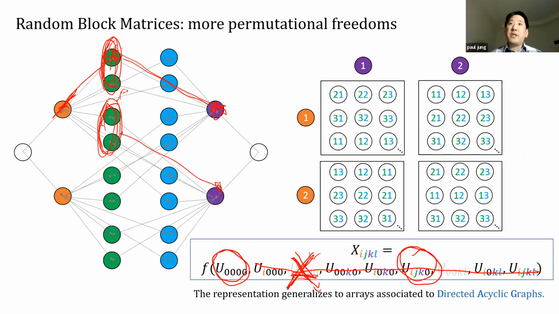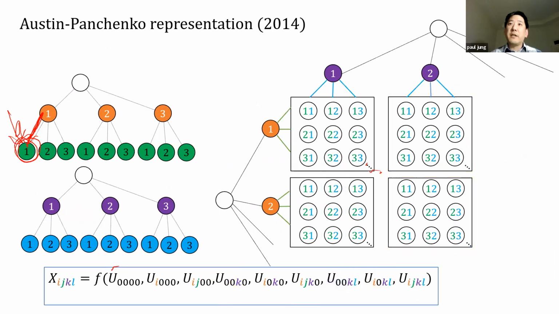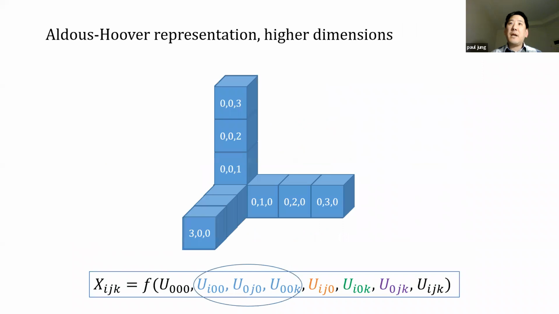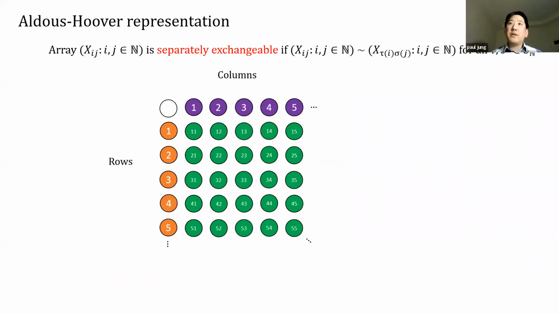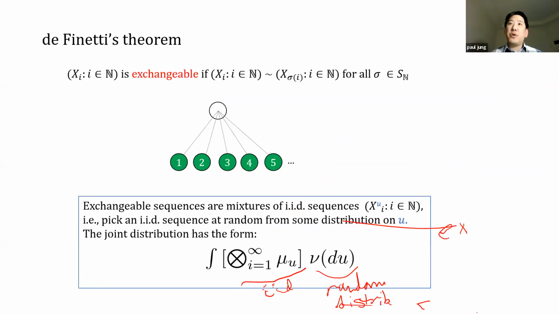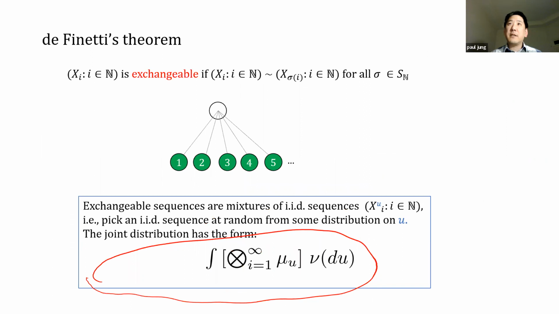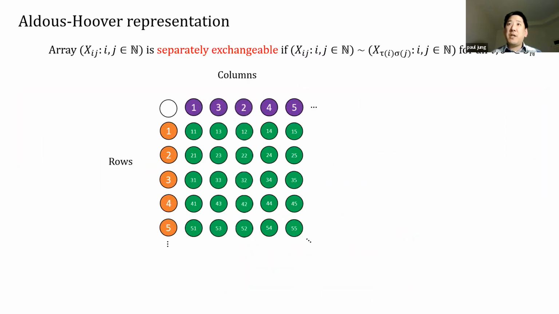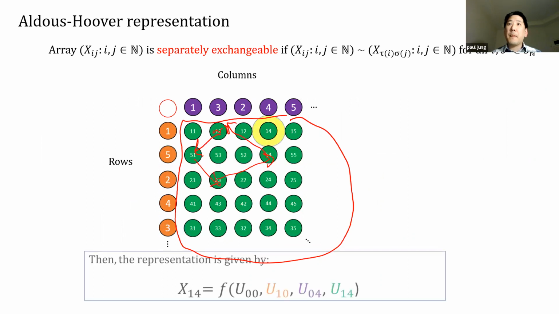But let me just say that if you go to the Aldous-Hoover, the only difference now is that instead of having a U_i and a U_i0 and a U_0j, what you would have is actually that this family of random variables comes from the same family.